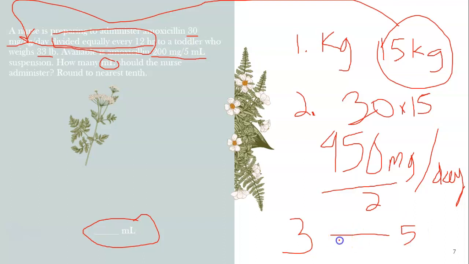It's in 5. There's 200 in 5. How much was I giving? Because this is per dose. Per dose, my 450 divided by 2 is 225. So I'd put that there.